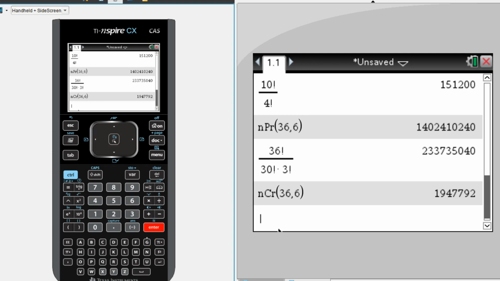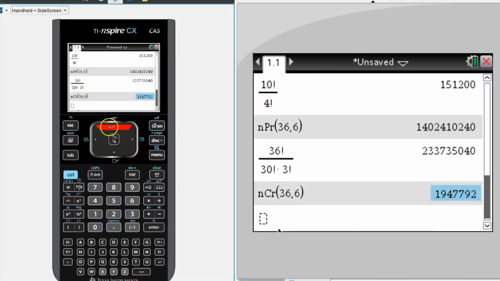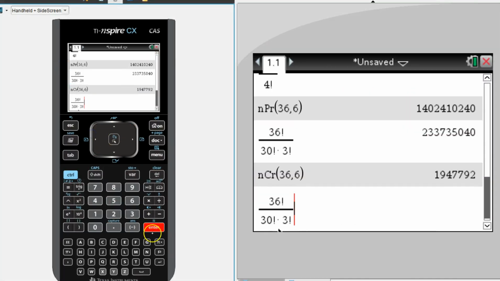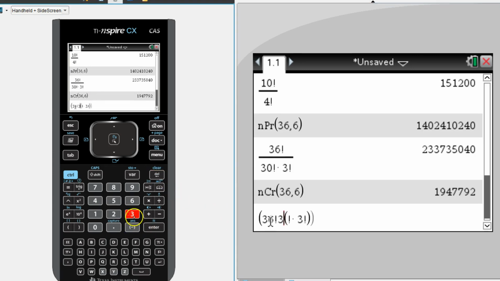Did I mess up? Oh, we're choosing 3. Somebody's like, call him a liar. All right, so this should have been 3. Sorry, I hope you were catching that while I was going. This is 36, and we're choosing 3. Okay? So what that does up here, 36 minus 3 would be 33. Dang it.